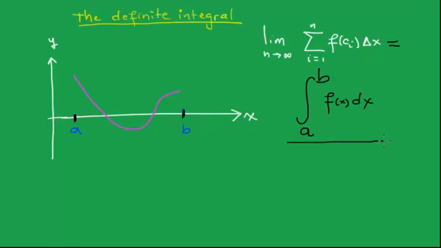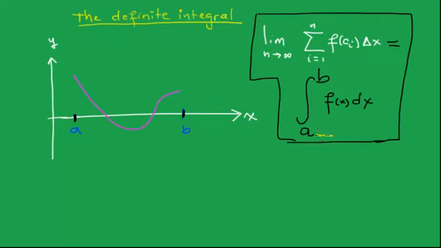So this is called the definite integral, because now we have this upper limit and lower limit. a here is the lower limit and b is the upper limit. So this is called the definite integral.